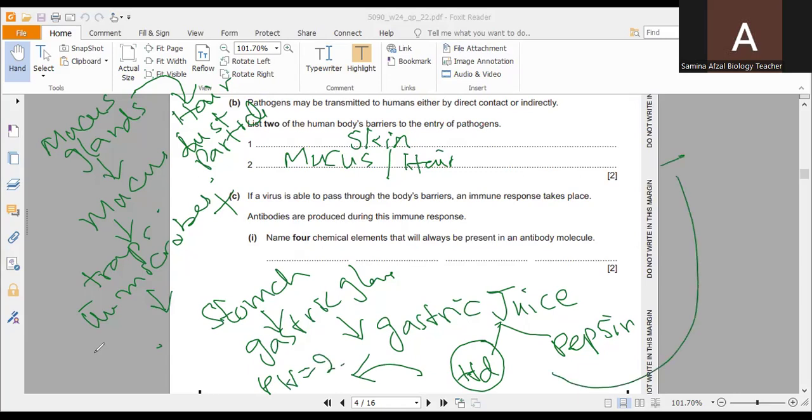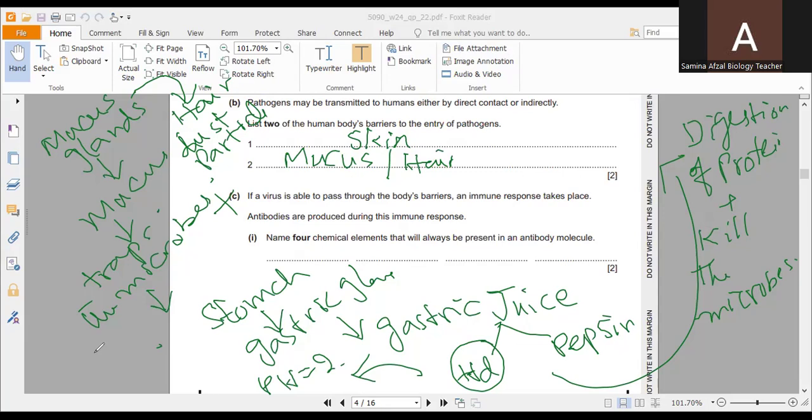Due to this highly acidic nature, the proteins are digested in the stomach. Secondly, this highly acidic nature helps to kill the microbes if they enter our body by mouth with food. So in this way our natural body barriers help to kill them.